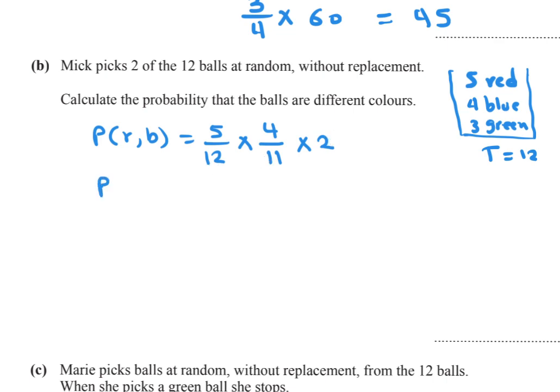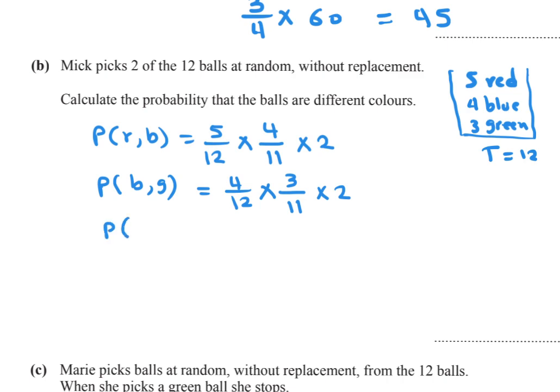The same for blue and green: first blue and second green. So blue is 4 over 12, number of blue over the total, times probability of green, 3 over the new total, 11, times 2, because blue green or green blue.